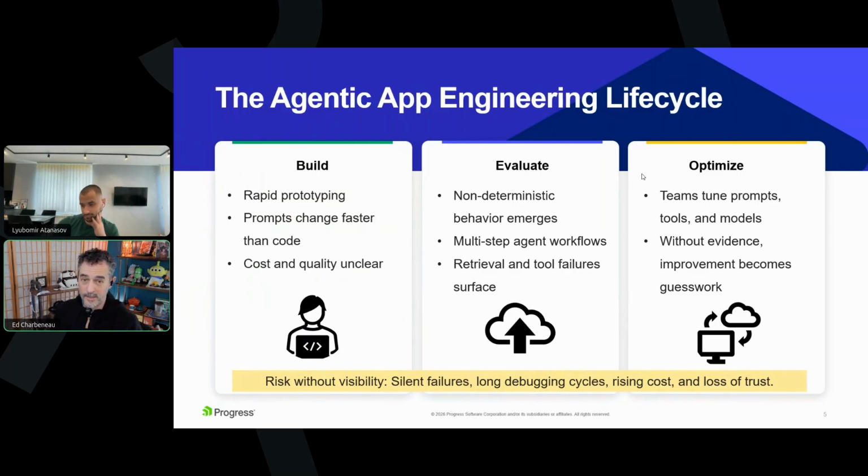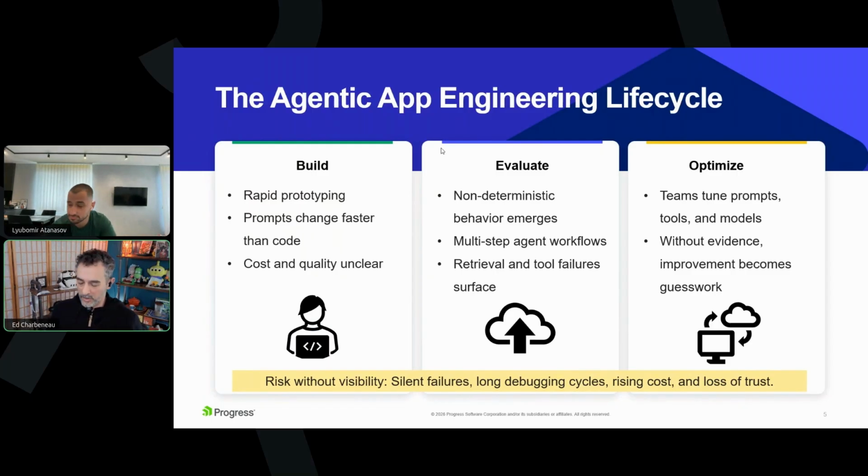talking about agentic apps. And a lot of this reminds me of the testing cycle for software development, like the test-driven development cycle, where you have your red, green, refactor mode. When you're working with AI apps, you're going to build, evaluate, and optimize.